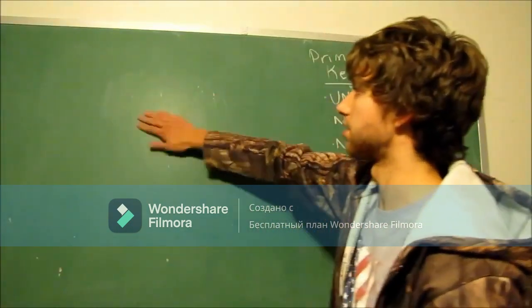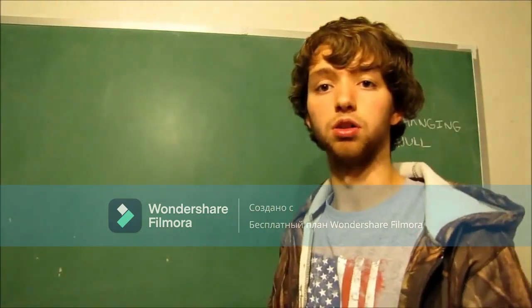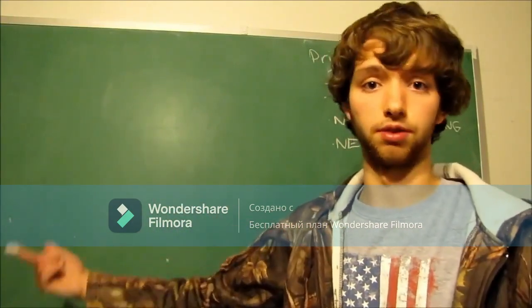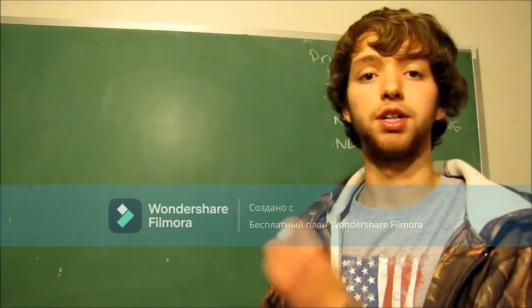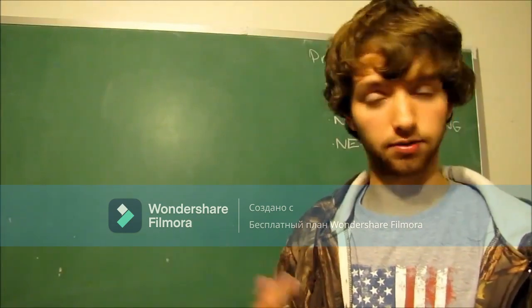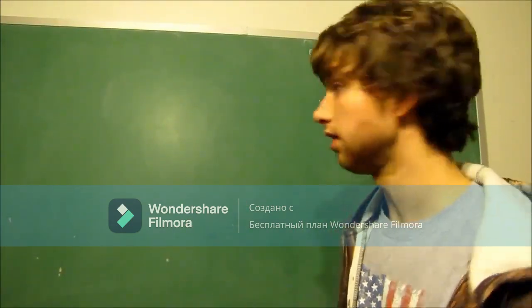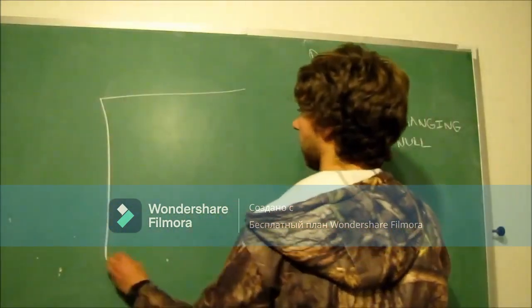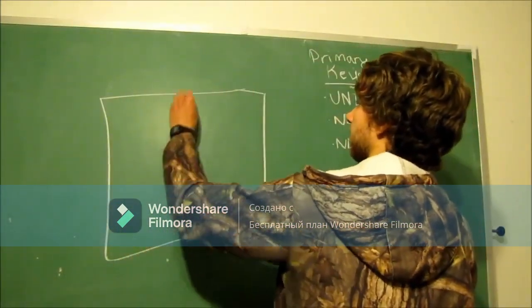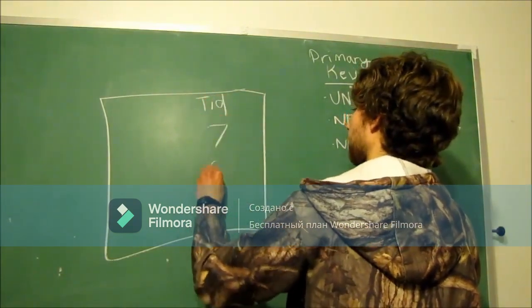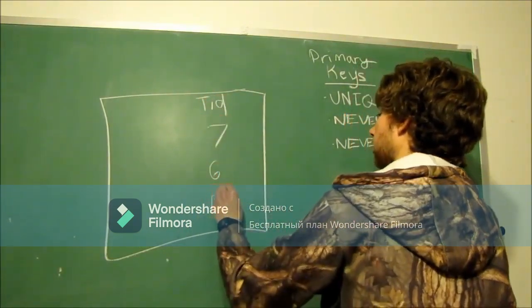But with foreign keys, you can have multiple columns having foreign key relations to different tables. But keep in mind, each column can only have one reference. So in the class example, we had a teacher ID. Here's the class table, and let's say the teacher ID is 7, 6, and 5.